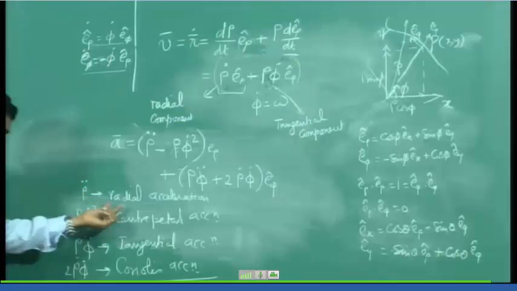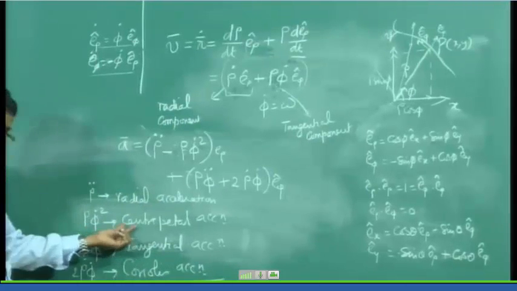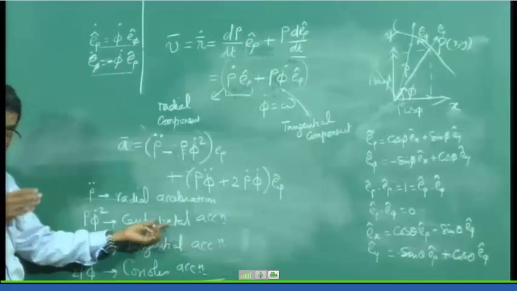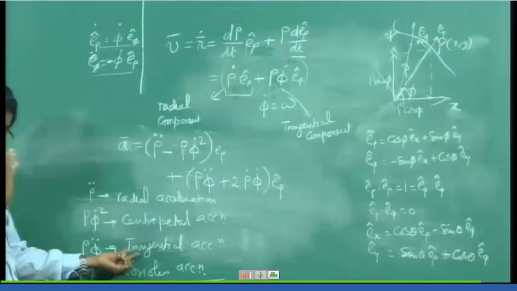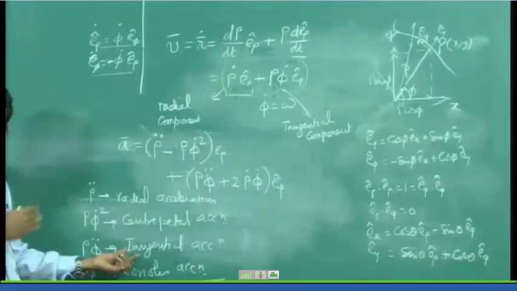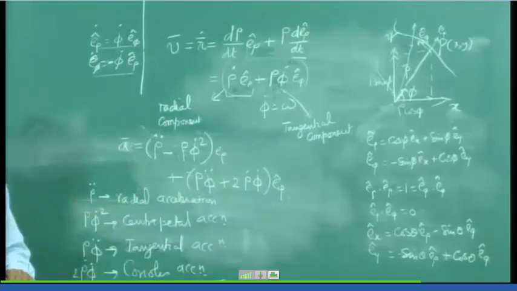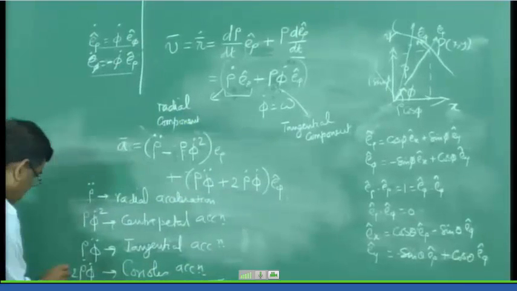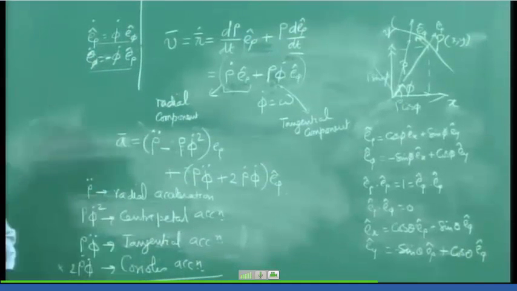Rho double dot is the acceleration along the radial direction. Rho phi dot square is the centripetal acceleration, required to make it go along a curve. Rho phi double dot is a tangential acceleration in the direction of E phi. 2 rho dot phi dot is the Coriolis acceleration. Everything is understandable except this. This is not easily understandable, but it is very easy to understand. I will explain to you.